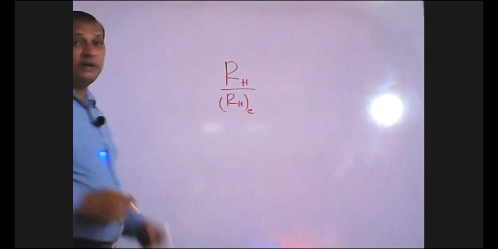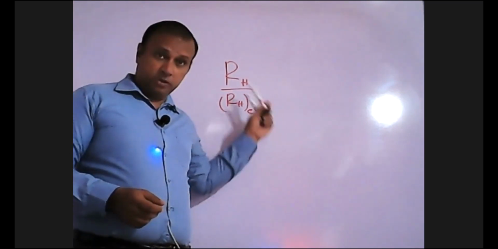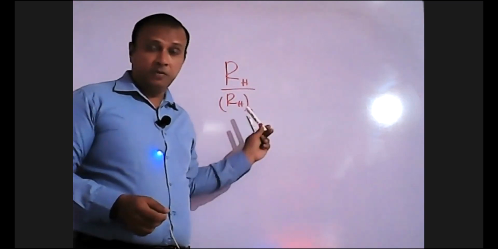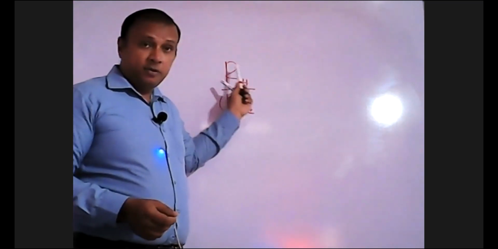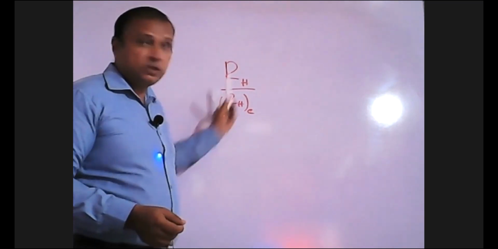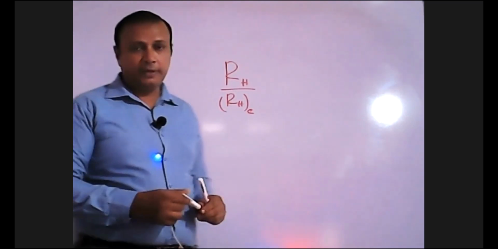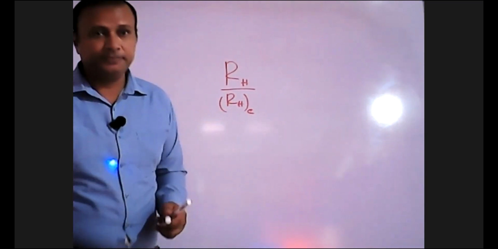Relative humidity is a ratio between two humidities, so the numerator is a humidity and the denominator is a humidity. So there is no unit for this one. Relative humidity.